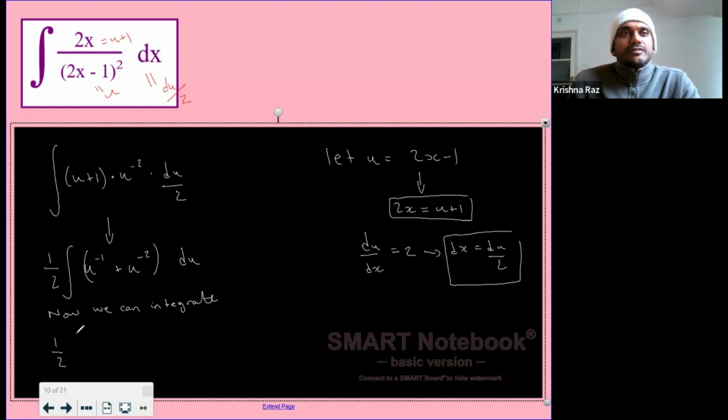So I'll have a half of, u to the power minus 1 will integrate to ln u, plus u to the power of minus 1 over minus 1, plus c.